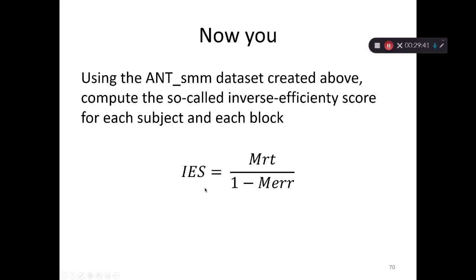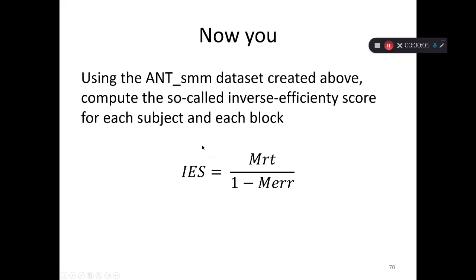The inverse efficiency score is just the reaction time divided by 1 minus the error rate. So you created the ANT summary dataset just above. Let's take it and compute a new variable, which is the inverse efficiency score for each participant in each block.